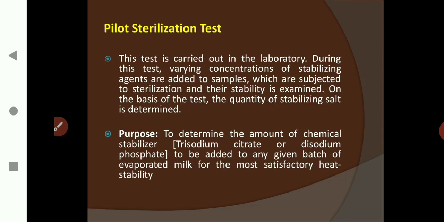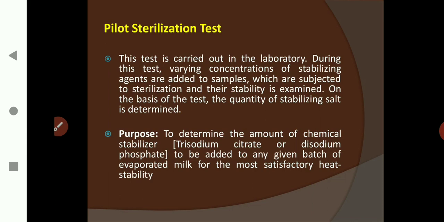What is pilot sterilization? It is a test carried out in the laboratory. During this test, varying concentrations of stabilizing salts or agents are added to samples which are subjected to sterilization, and their stability is examined. Okay.